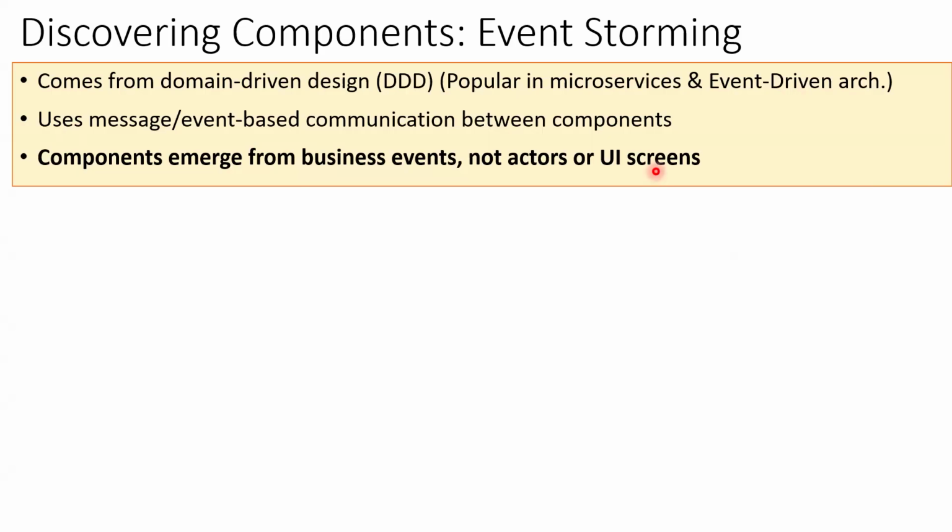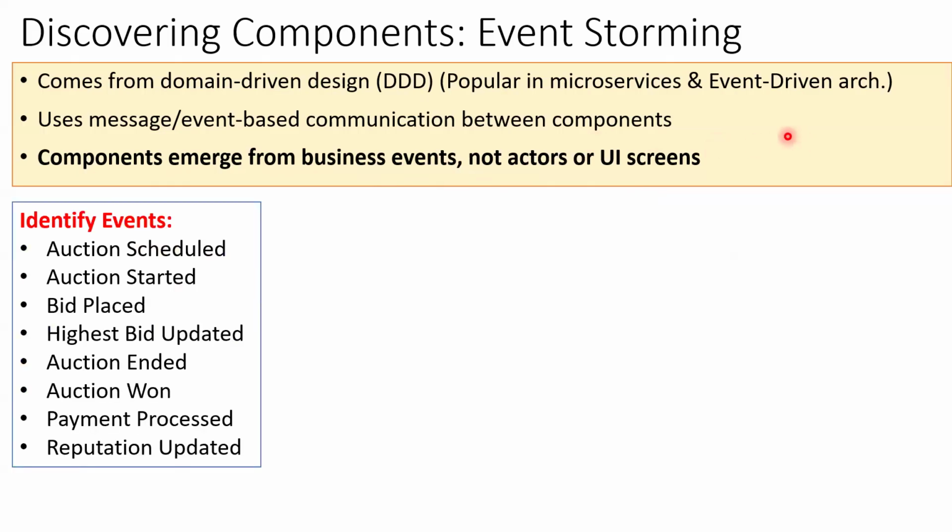So in the actor action approach, you look at what the actors are and what actions they perform, and you model your components accordingly based on that knowledge. But in event storming, as the name suggests, you build up components around the business events happening within your system.